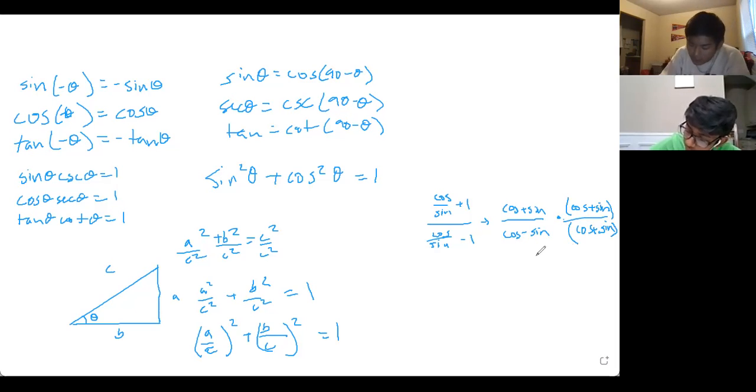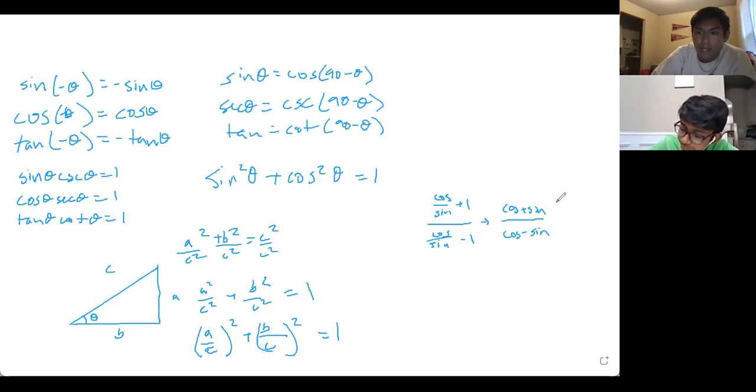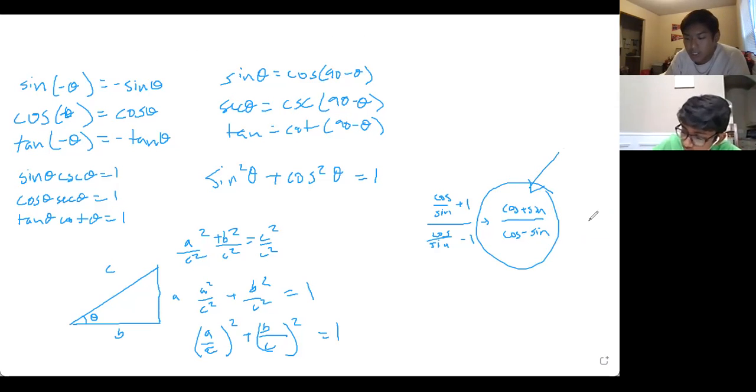Maybe. Actually, maybe don't do that. I would just keep it like this. Sorry, that's if I wanted to simplify it more, but you're just proving. So I'd stop right here, Jeremiah. Do the other side, and you're probably going to get something similar to this. Do the tangent side.